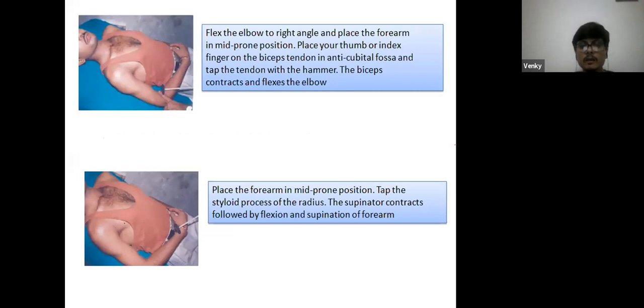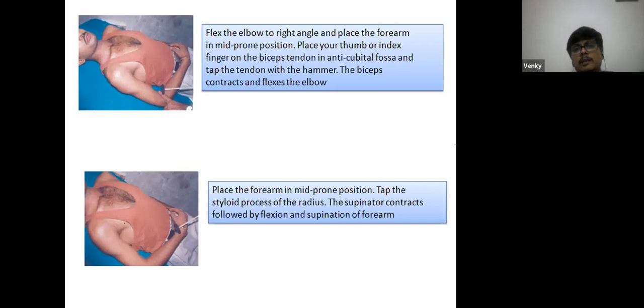For the supinator, in the same mid-prone position, tap over the brachioradialis tendon. The response given by the brachioradialis is slight flexion of the elbow. There will be mild supination, finger flexion, and adduction of the shoulder. These are the responses of the brachioradialis.